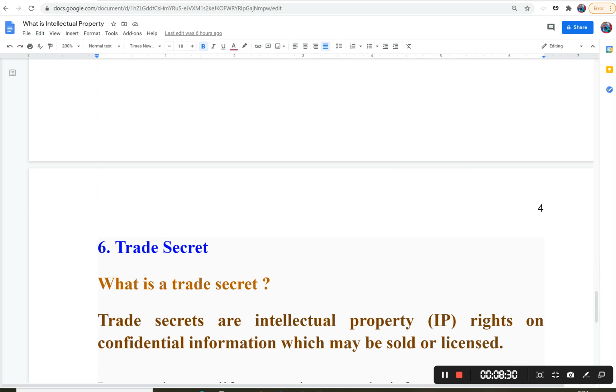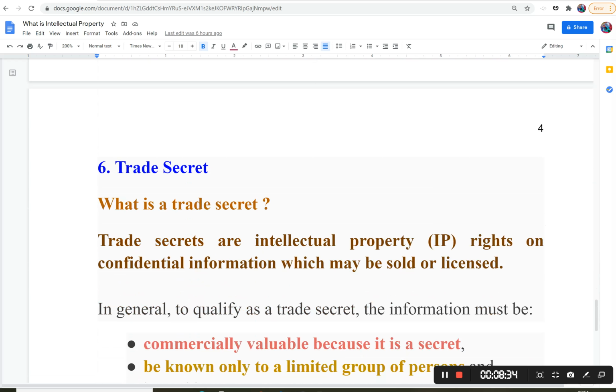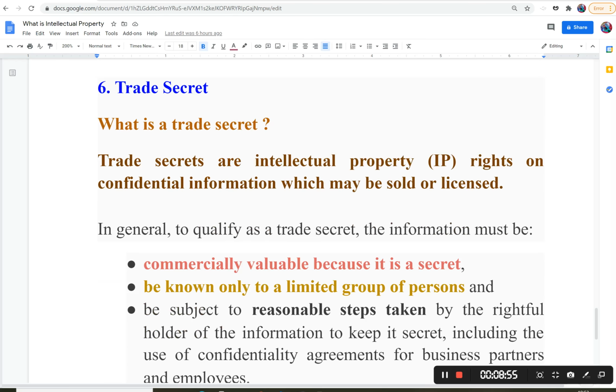Then yet another form of intellectual property is a trade secret. What is a trade secret? A trade secret is a form of intellectual property on confidential information, and this information can be sold or licensed.